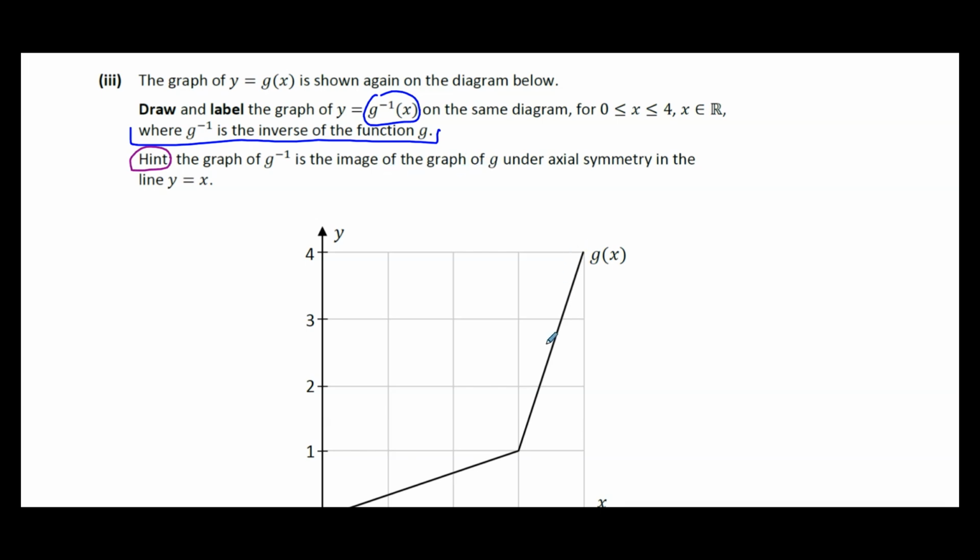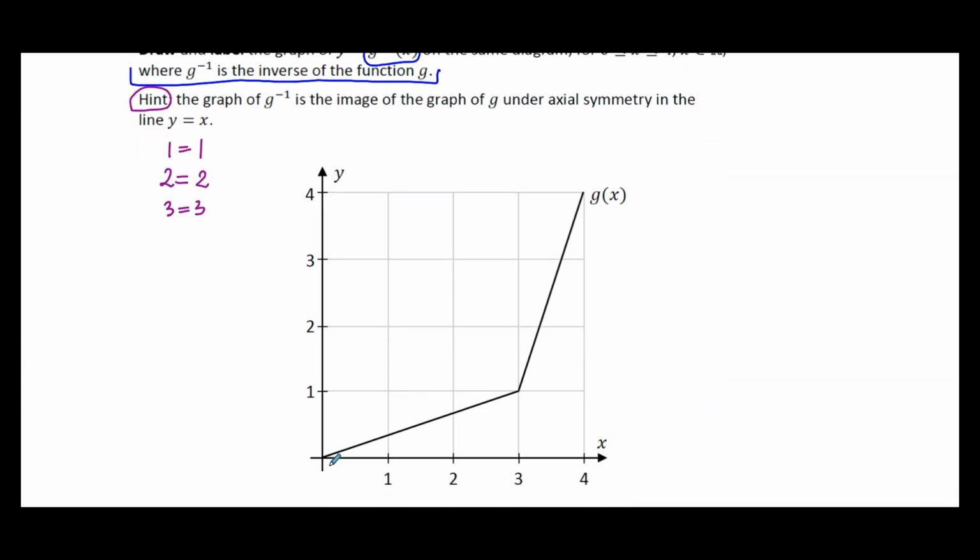So I'm going to draw the image of that under axial symmetry in the line y = x. What does that mean? Okay, so y equals x, so the value of y is the same as the value of x, basically, right? So that means 1, 1, 2, 2, 3.